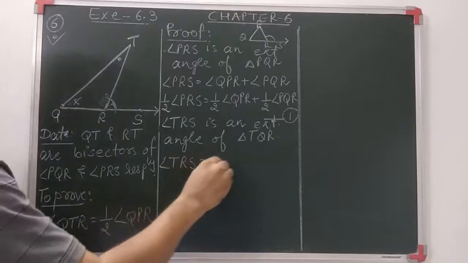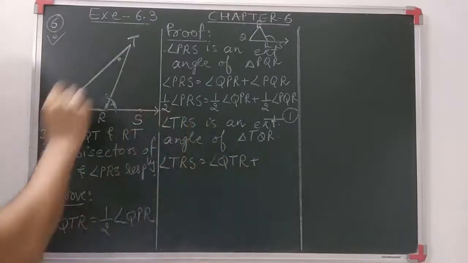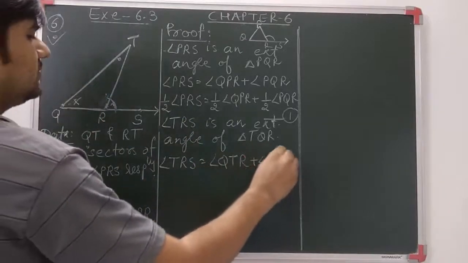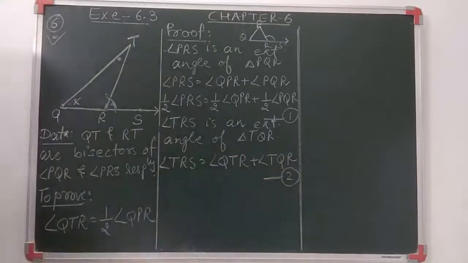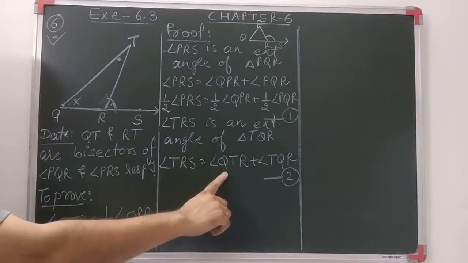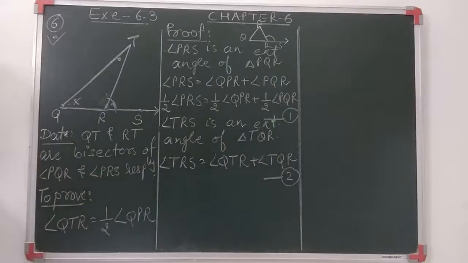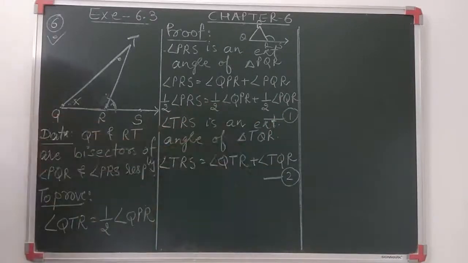So that can be written as QTR and TQR. I'll give this as equation number 2. Here I have not taken the half of this because in the answer we require QTR. Here we multiplied by half, the reason being we require half QPR. Now we'll keep both equations as they are and utilize them later on.